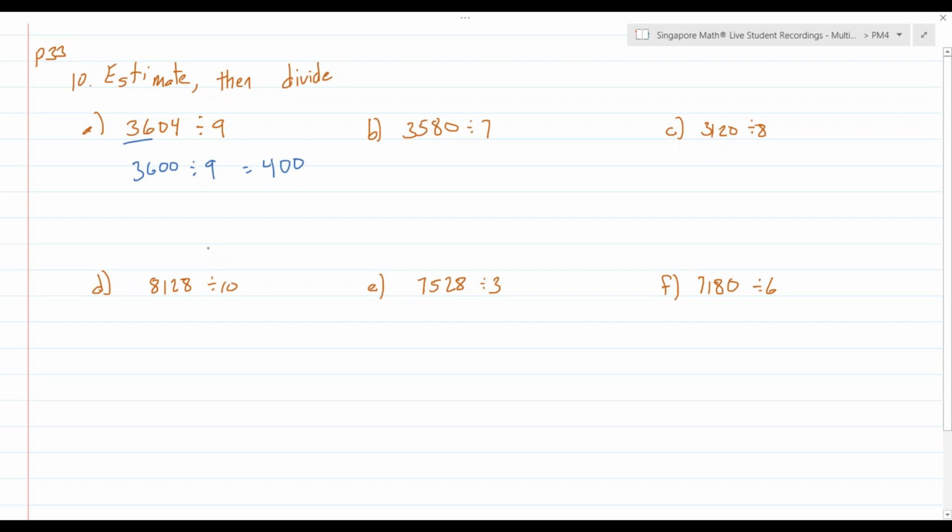And by the way, this is a great time to pause, do it yourself, see how it goes. This is 3,580 divided by 7, but 3,500 divided by 7 is equal to 500. 3,120 divided by 8, the closest multiple of 8 is going to be 32. 3,200 divided by 8 is 400.